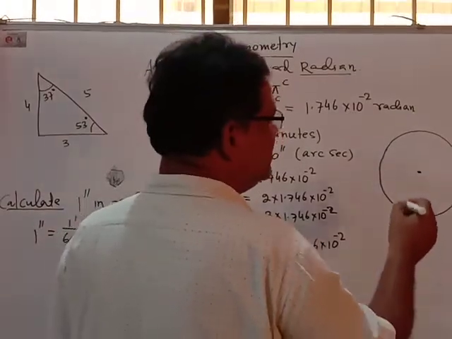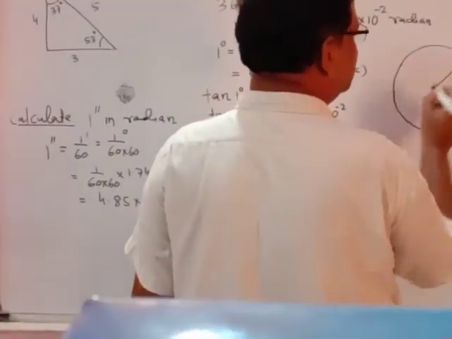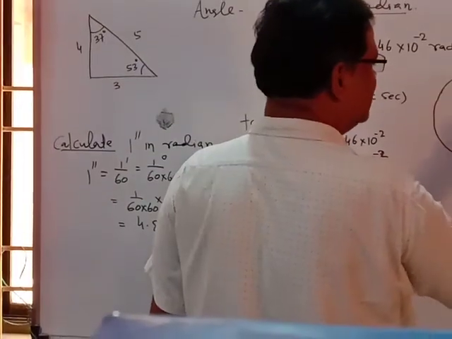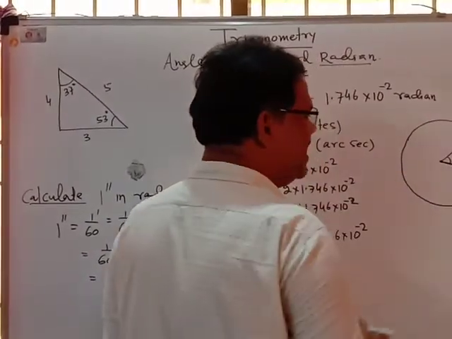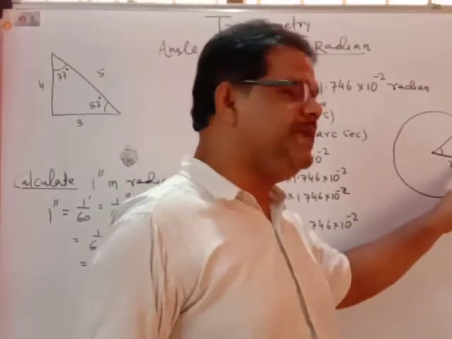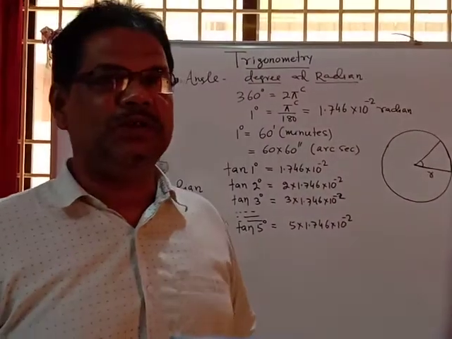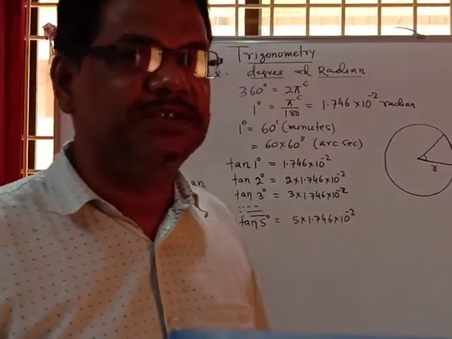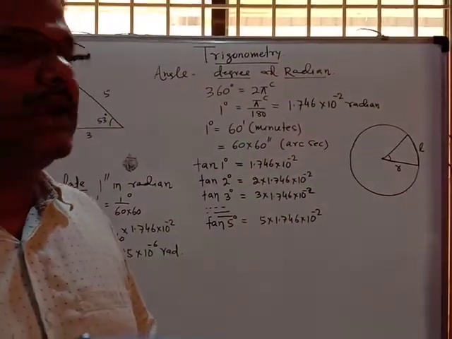Radian means, suppose this is the angle and this is the arc. This is the arc and this is the radius R, and the arc length is L. If the arc L is equal to R, that is the radius of the circle, the angle which is subtended at the center is called 1 radian.